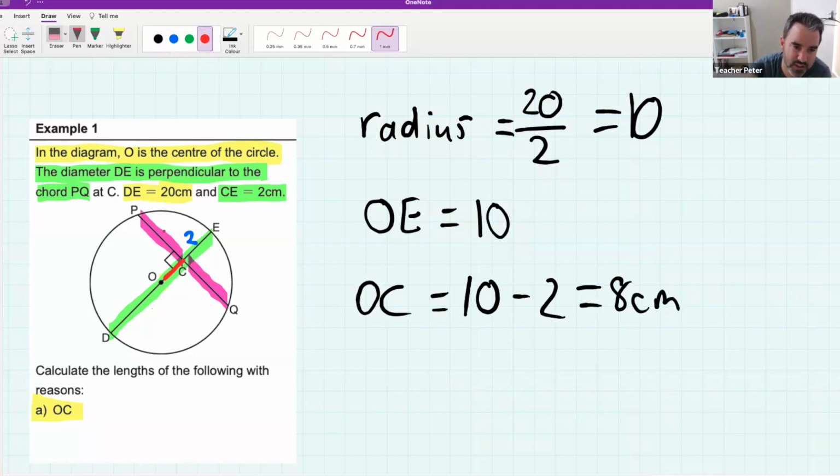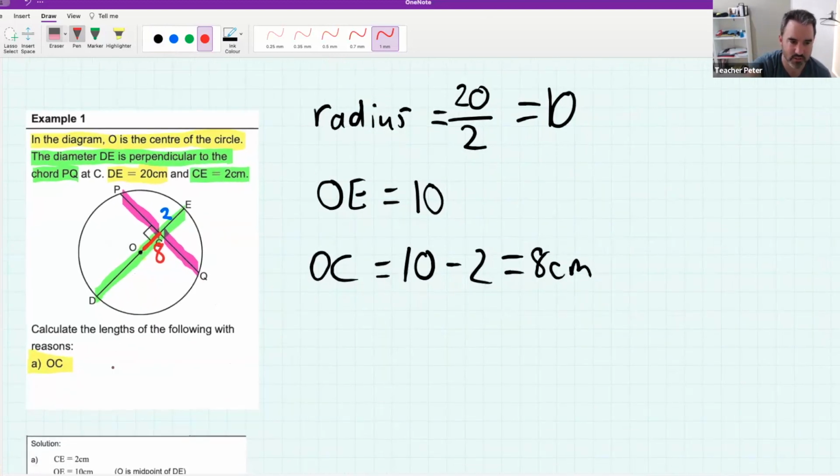So this bit over here, I know it looks weird, must be 8 centimeters.